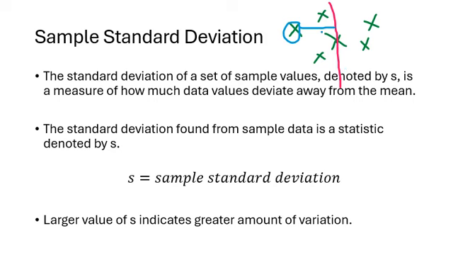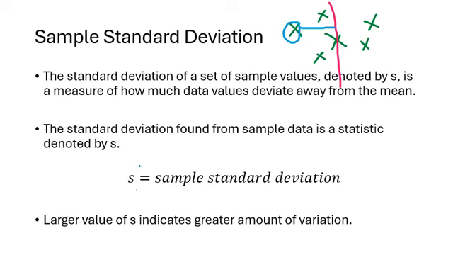This deviation we call the standard deviation. The little green marks are all the data, the red line is your mean, and the blue line right here is your standard deviation. That's a measure of how much data values deviate away from the mean.